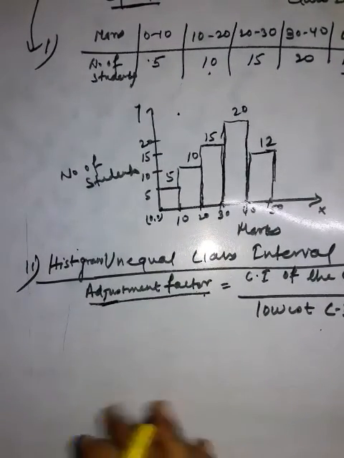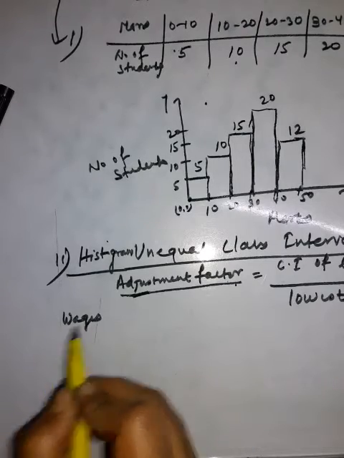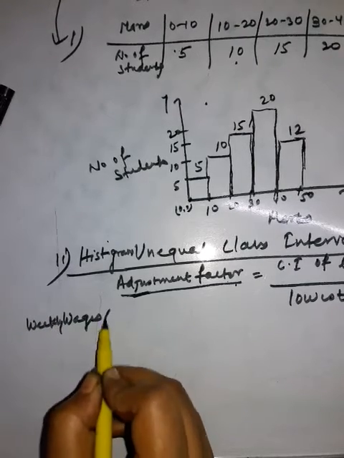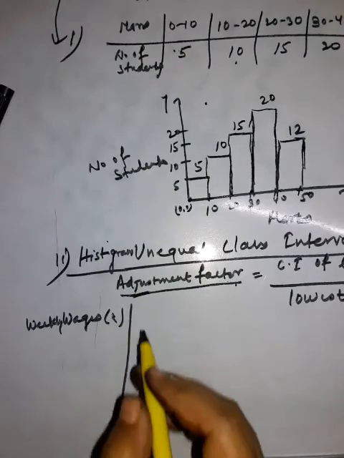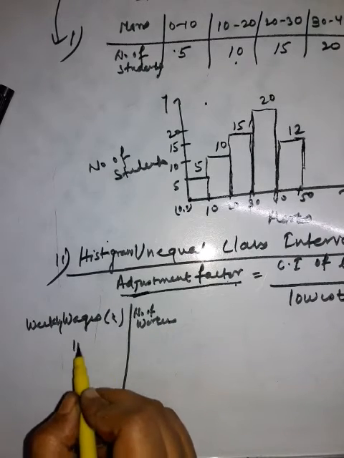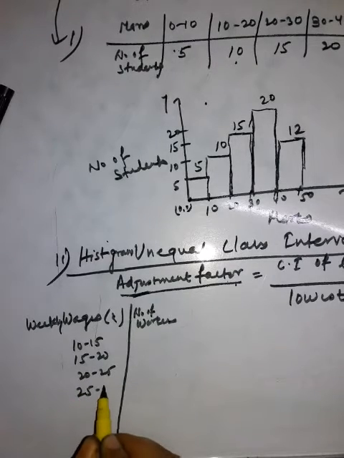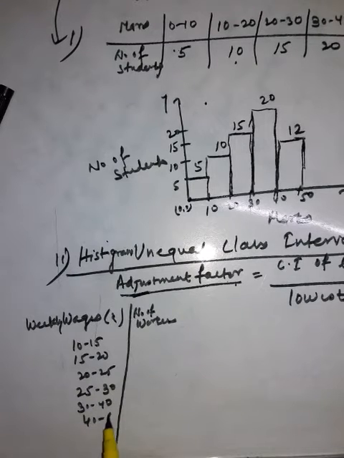Suppose again I have data of weekly wages in rupees, and another column, the number of workers. Suppose 10 to 15, 15 to 20, 20 to 25, 25 to 30, 30 to 40, 40 to 60, and 60 to 80.